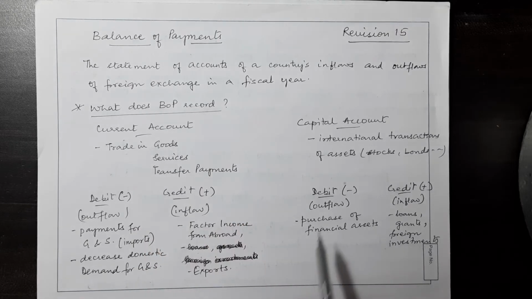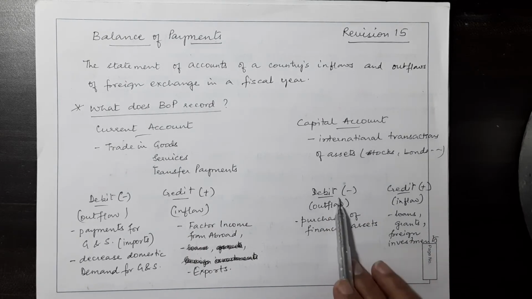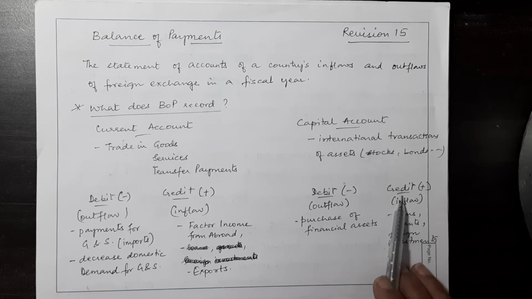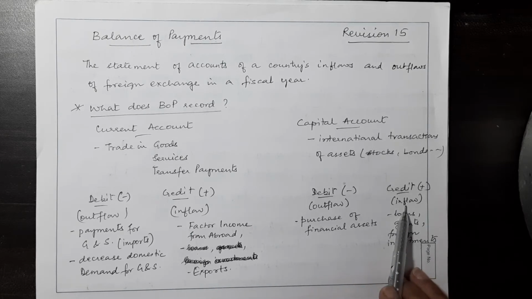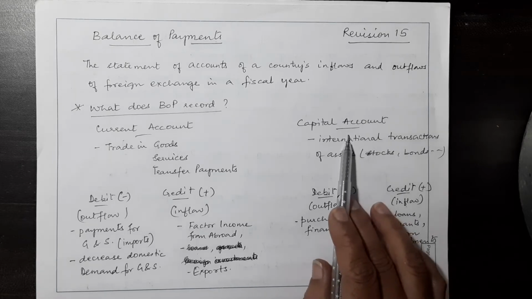Okay. Then capital account also has a debit and a credit side. Debit records outflows of the foreign exchange and credit inflows of the foreign exchange. Now, if it is a purchase of financial asset, then it will be debit side of the capital account.